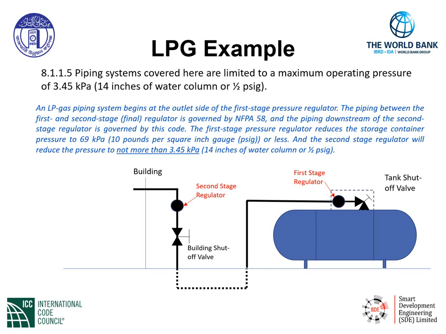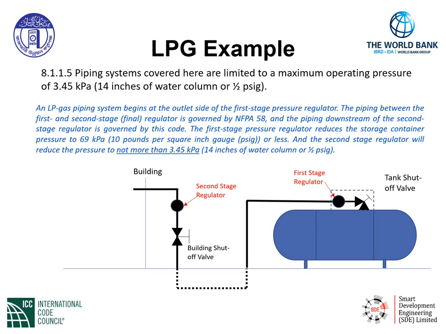So as we look at this again, the LP gas piping system begins at the outlet side of the first stage pressure regulator, as indicated on the graphic. And the piping between the first and second stage final regulator is governed by NFPA 58.